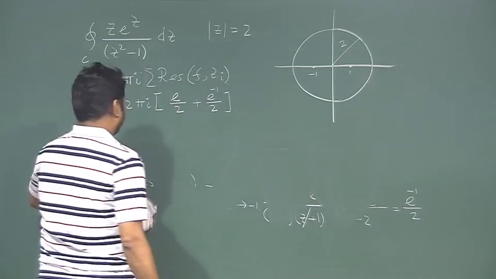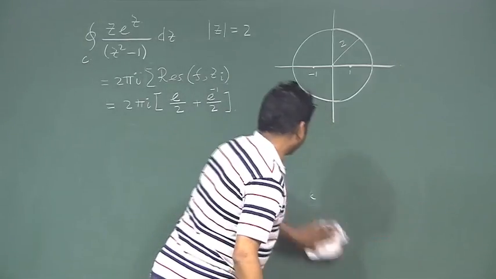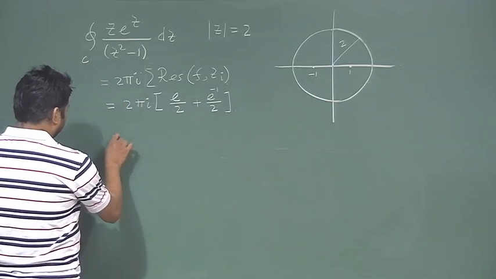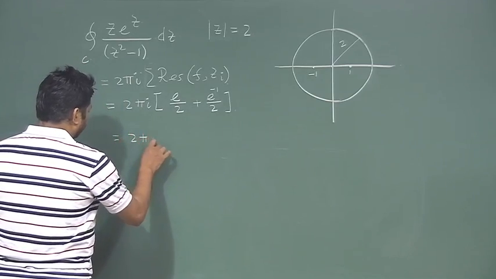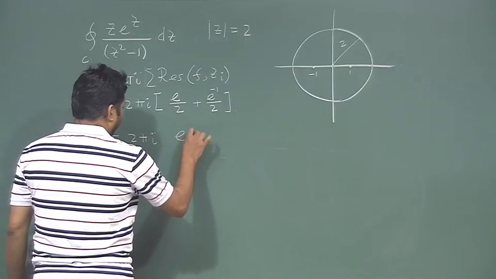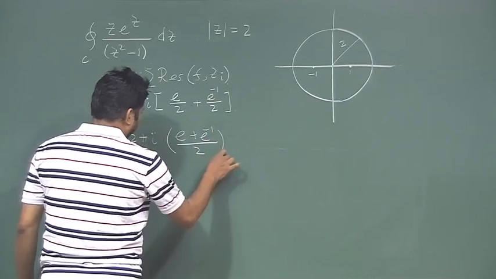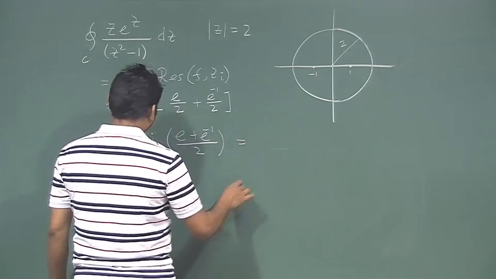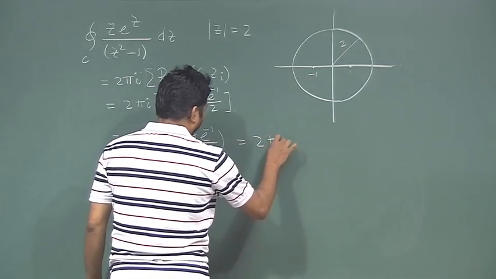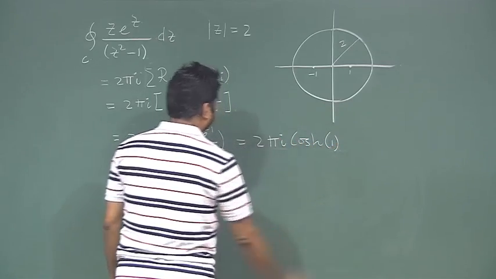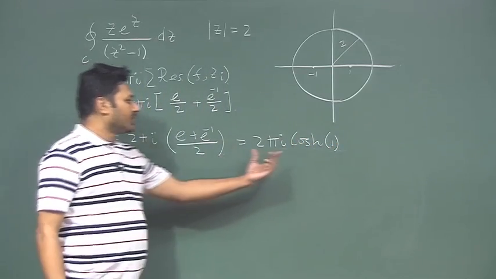I have already got the result, but I can modify that. So, 2 pi i times e plus e to the power of minus 1 divided by 2, and this quantity is cos hyperbolic. So, it is 2 pi i cosh of 1. This is the result we have. This is the most closed form we have.